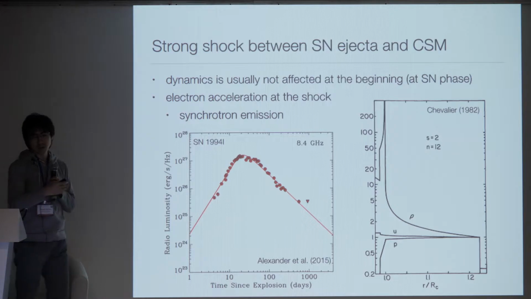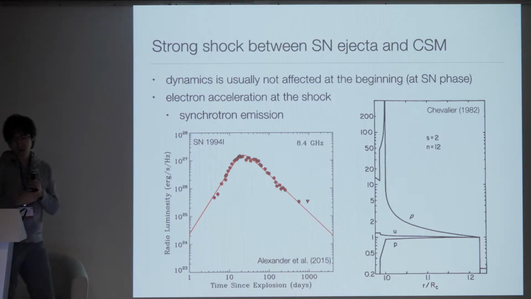This circumstellar matter just near the progenitor is much smaller than this ejecta mass.